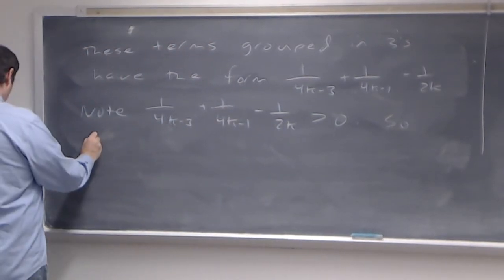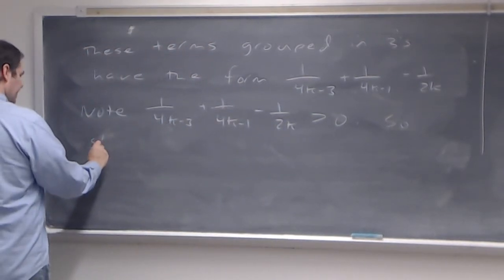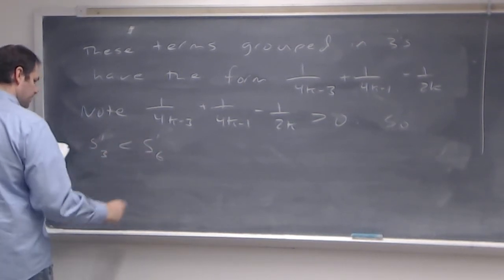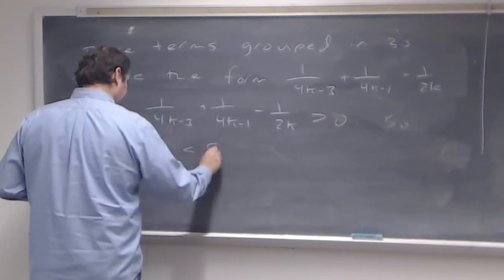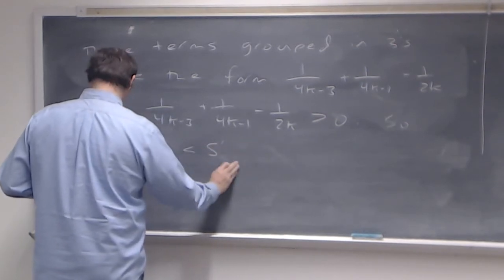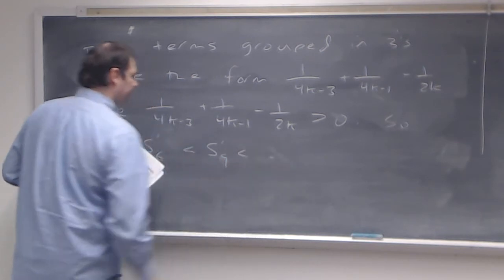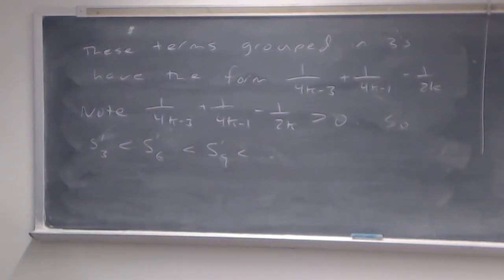We get S prime sub 3 is going to be less than S prime sub 6, which is going to be less than S prime sub 9, and so forth. It's a positive quantity.